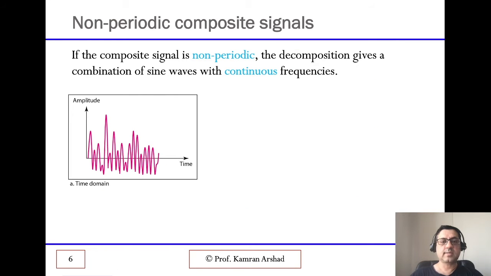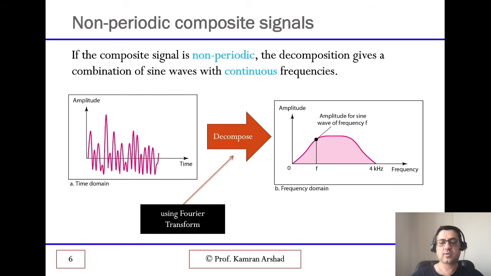Now the other thing I would like to highlight is that so far we are talking about periodic signals. If the signal is periodic, then it can be decomposed into a large number, an infinite number, of sinusoids with frequencies which are integral multiples of the fundamental frequency, right?